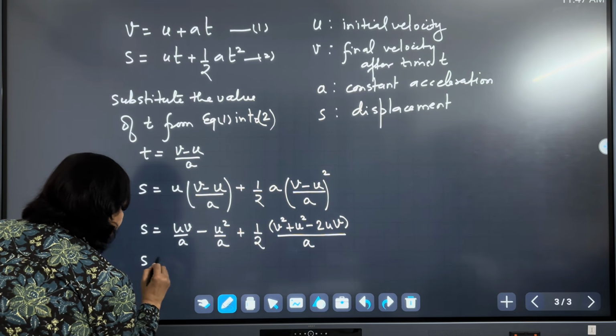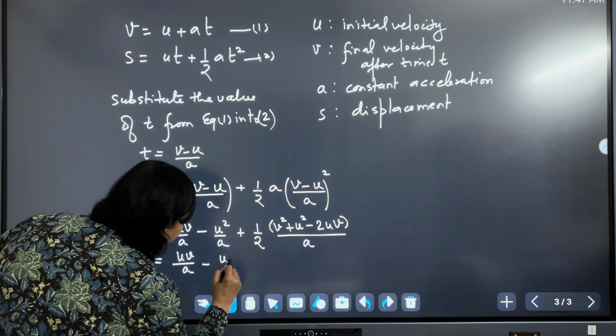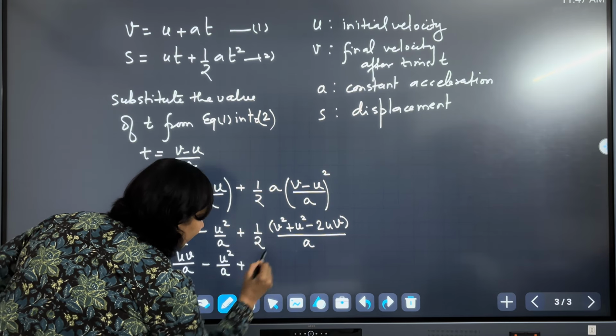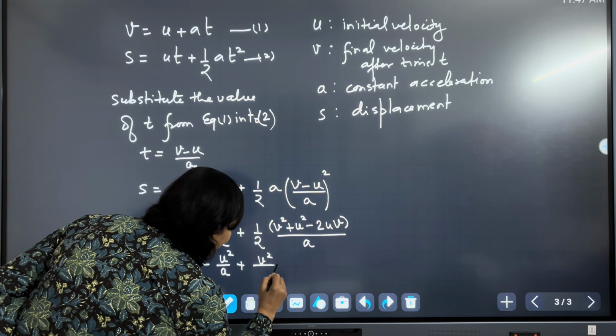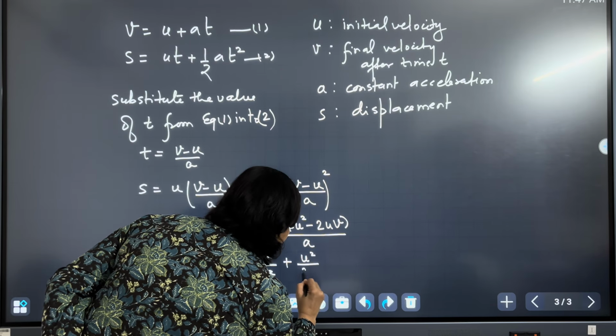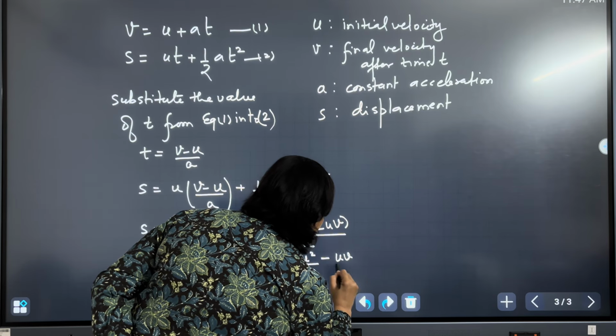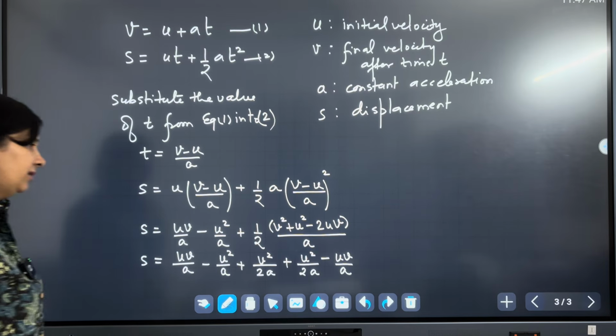Now this is equal to uv over a minus u square over a plus v square over 2a plus u square over 2a, and then from the last term minus uv over a. You should get these terms.